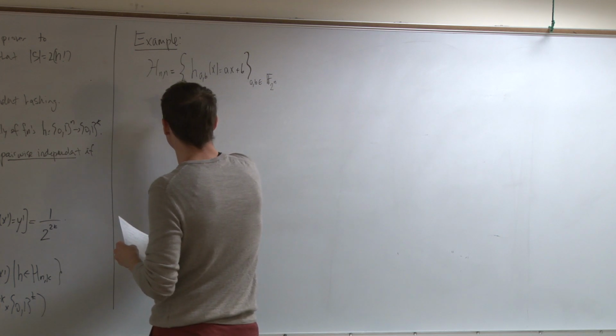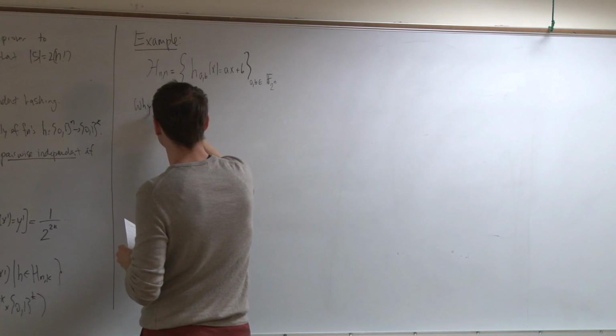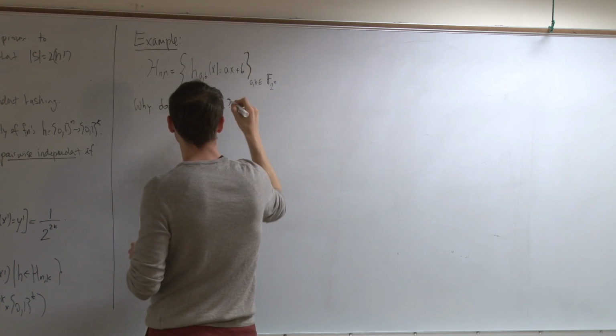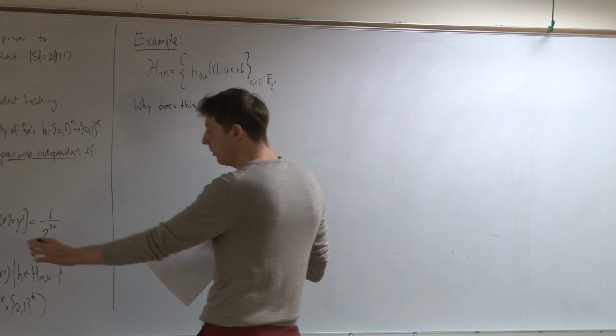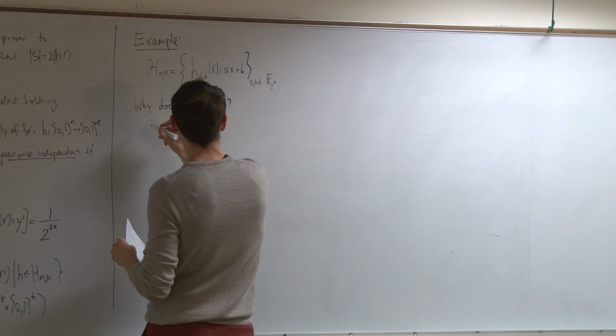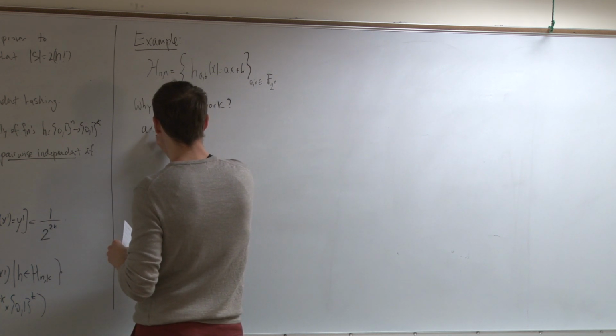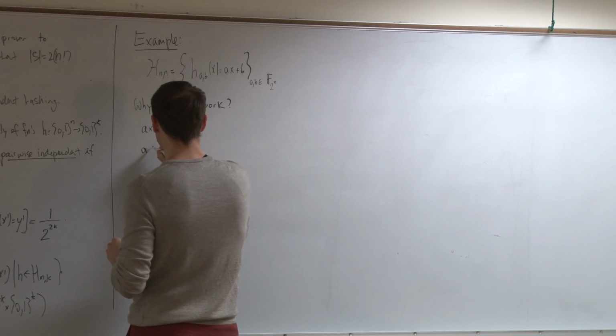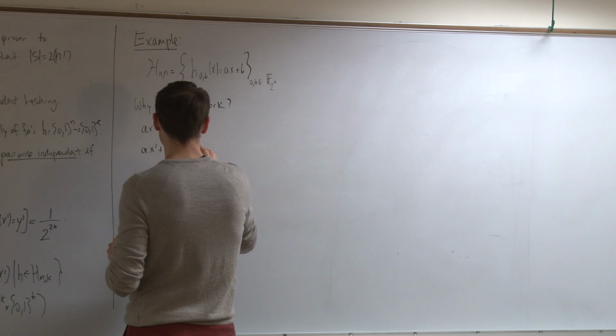So let's see why this works. If h of x equals y and h of x prime equals y prime, then it means that we have simultaneously two equations that hold: ax plus b equals y, and ax prime plus b equals y prime.